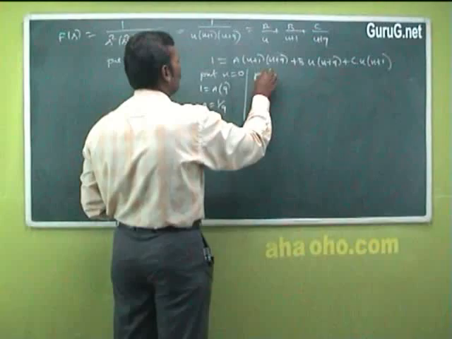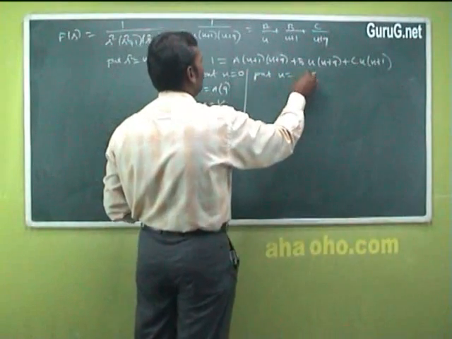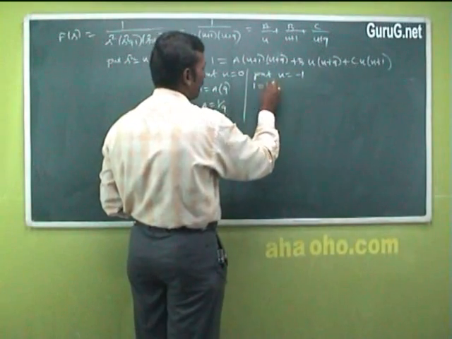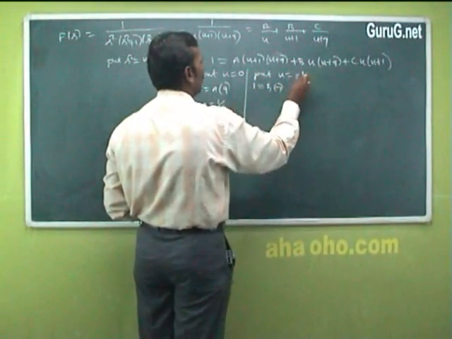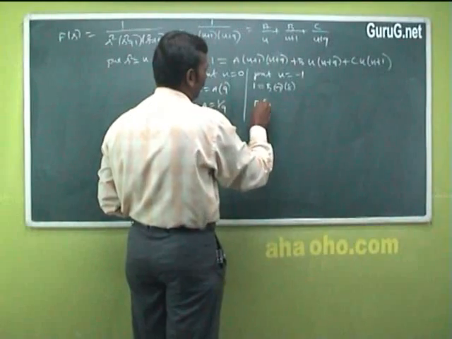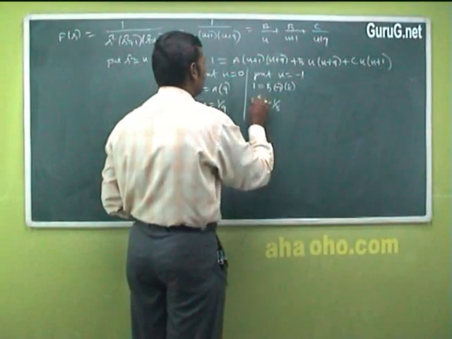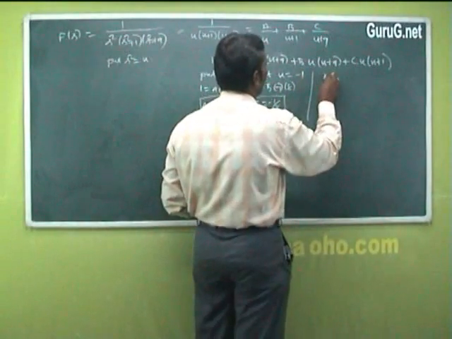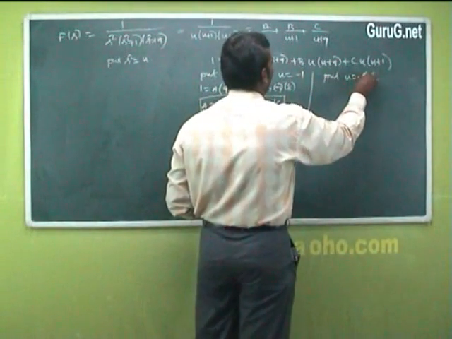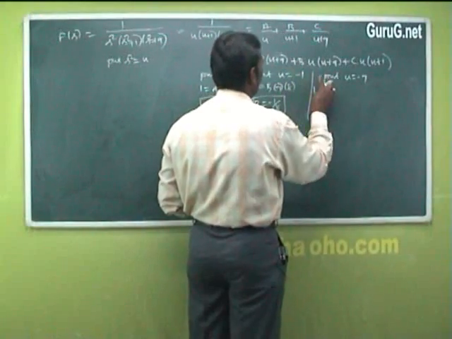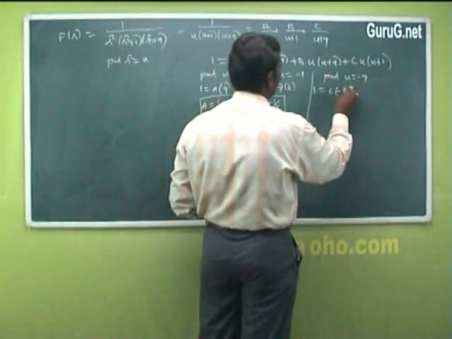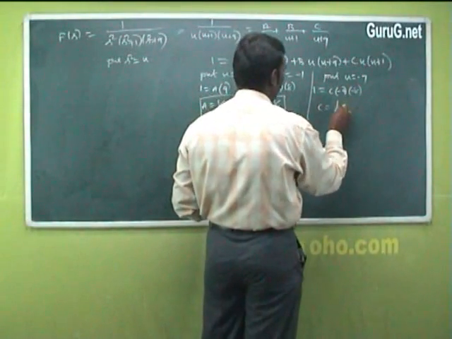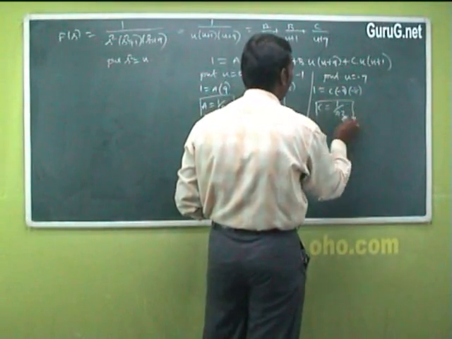Then put u equal to minus 1. So 1 equals, this is 0, and this is b into minus 1 into 8. So b equals minus 1 by 8. And then put u equal to minus 9. So 1 equals, this is 0, this is 0. So c into minus 9 and minus 8. So c equals 1 by 72.